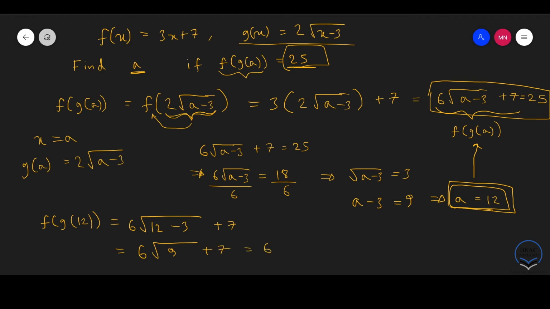This gives us 6 times 3 plus 7, which is 18 plus 7, and this gives us 25. So we see that our output when a is equal to 12 is equal to 25, which is exactly what was given in our question, which means that our value of a is correct.